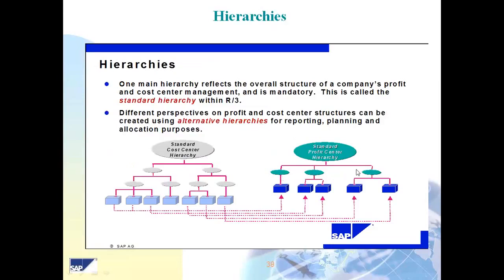Different profit centers are there, so groups are there, each group having one or more profit centers. We are going to assign the cost center to the profit center. We can assign any number of cost centers to one profit center, but not vice versa. We are going to see this at the time of master data maintenance.